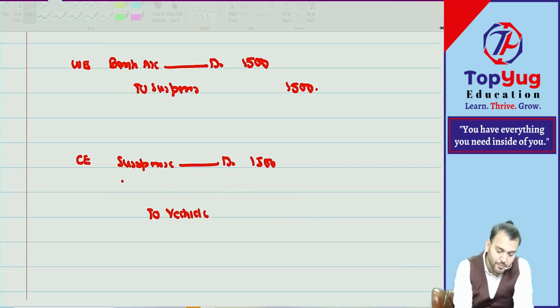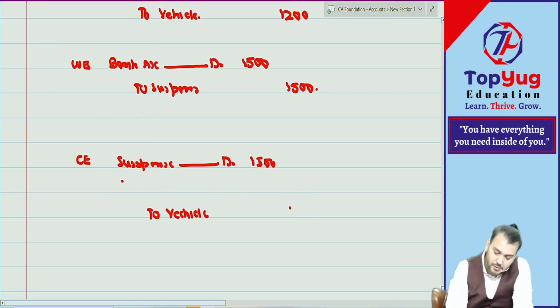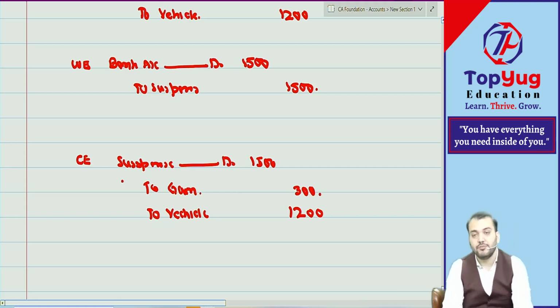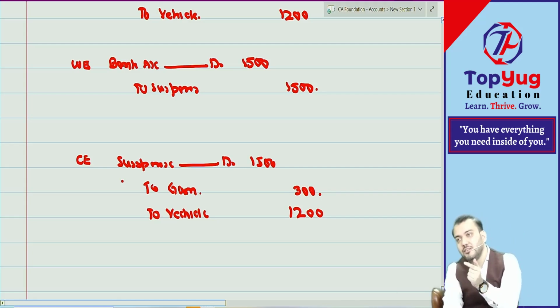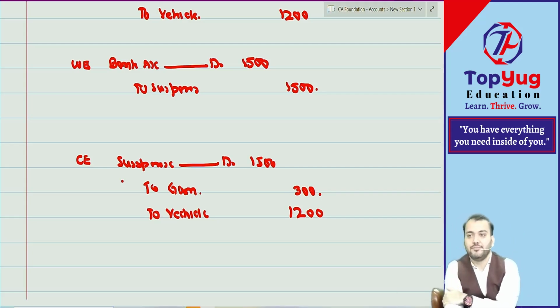To vehicle how much? And gain will come how much? To gain on sale of asset, 300. Understood. It is given depreciated to 1,200, so the WDV is 1,200. Read the question carefully. Sometimes we read only the upper part and make mistakes.